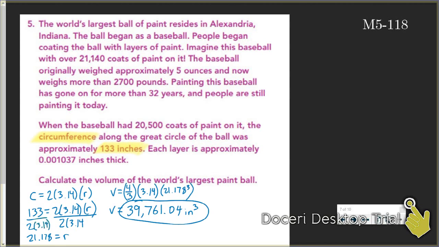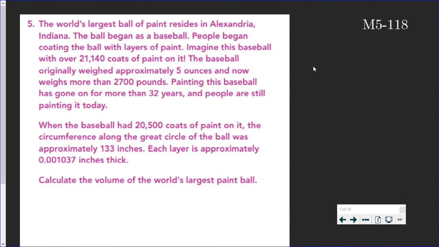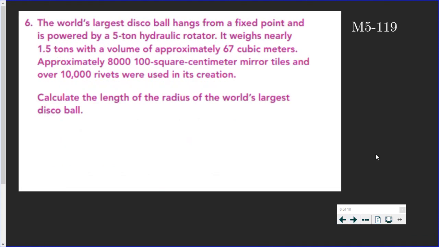All right, that one was a little bit tougher, but still nothing we can't handle. Question number 6, which is at the top of page 119, says that the world's largest disco ball hangs from a fixed point and is powered by a 5-ton hydraulic rotator. It weighs nearly 1.5 tons with a volume of approximately 67 cubic meters.